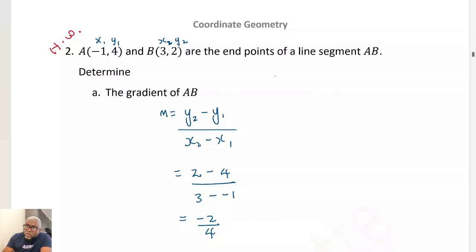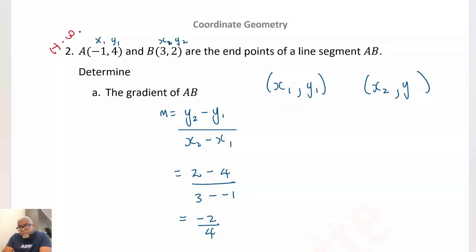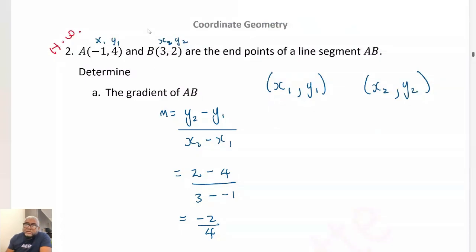So your coordinates: your first value is your x1, your second value is your y1. Then in your second coordinates, your first value is your x2, your second value is your y2. Right? Yes, sir. So that is what we're writing out for the line underneath the equal sign.